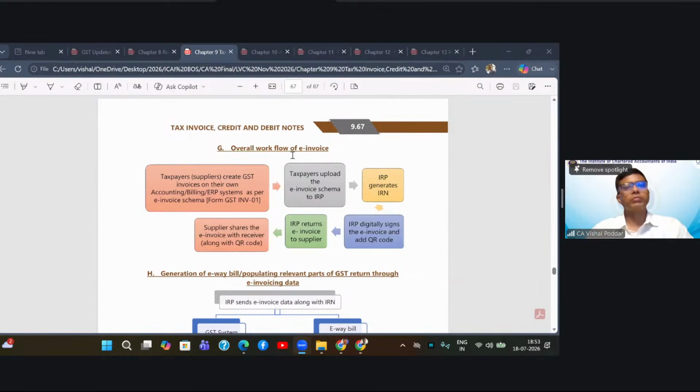Now, what is the overall workflow of e-invoice? So the supplier has to first prepare the invoice as per their regular accounting system, then upload the e-invoice schema on the invoice portal. The invoice portal will generate the IRN. This IRN will be given to you, and the IRP digitally signs the e-invoice and adds a QR code.